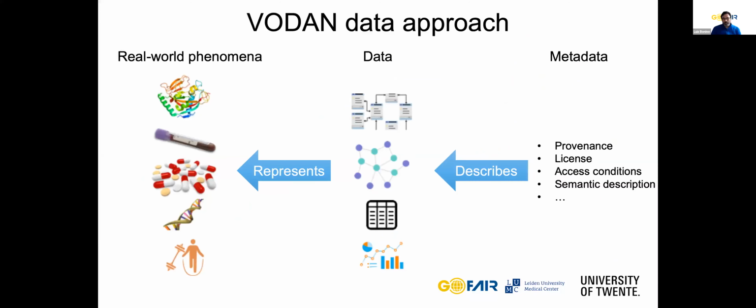So in the VODAN approach, we try to look at this by dividing things into three different layers or abstraction perspectives. One is that we have real world phenomena. We have the virus going around. We have the virus interacting in everybody's body in different ways.